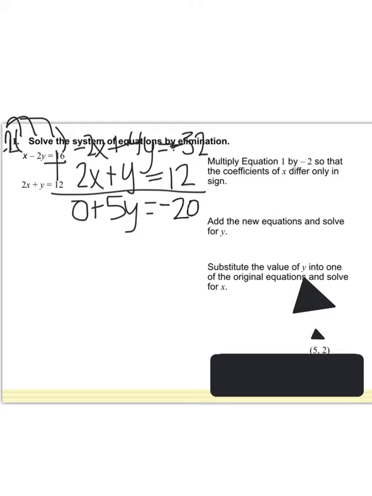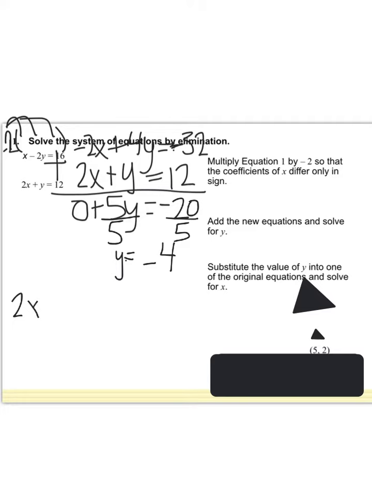Okay, so we've just eliminated our x variable. Now we want to solve for y, so divide by 5, and y equals -4. Now that we have our y, we can substitute it back into one of the original equations. So let's pick the second equation.